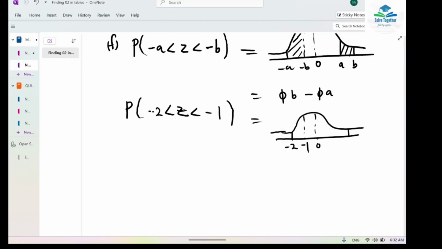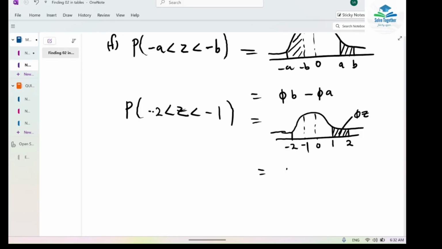So first of all, we'll transform these two so that we get 1 and 2 here. So what is our phi z?